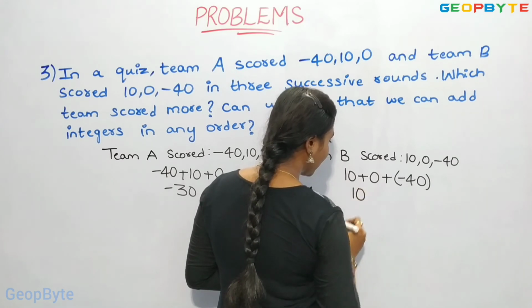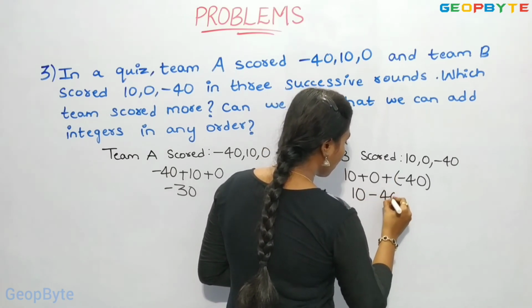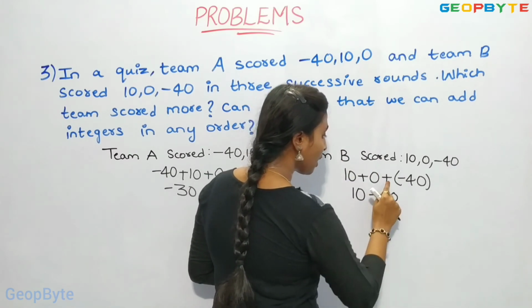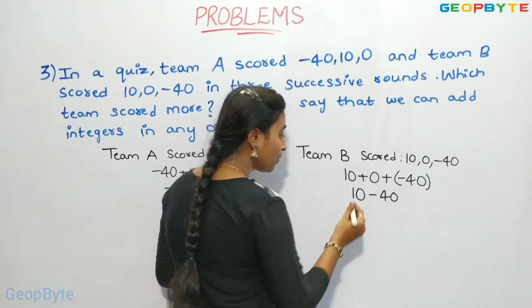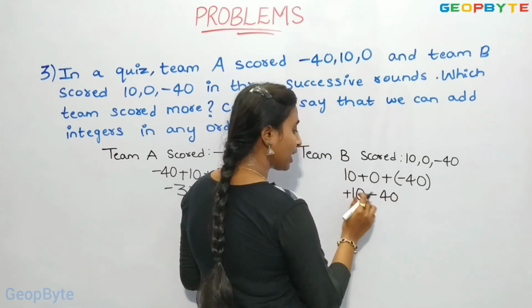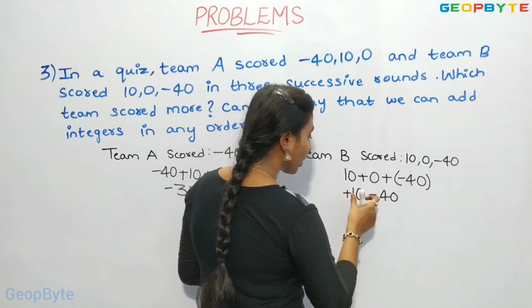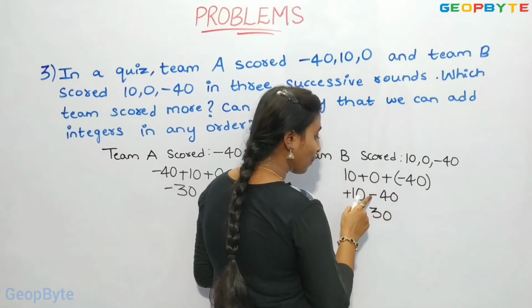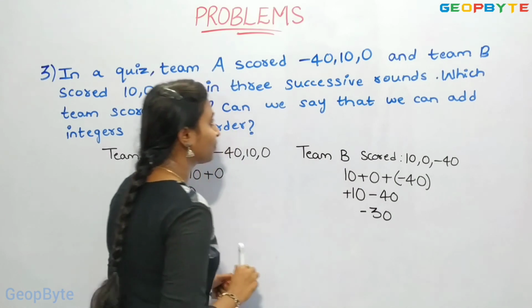Let us write 10 plus into minus, minus 40. Now we have plus and minus. Plus into minus, minus. 40 minus 10 is 30. We have the minus sign for the greater number, that is minus 30.